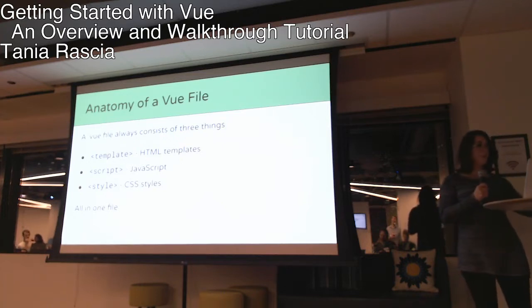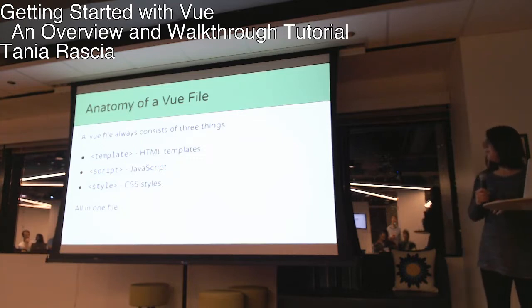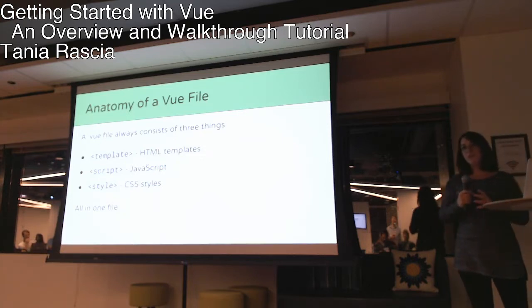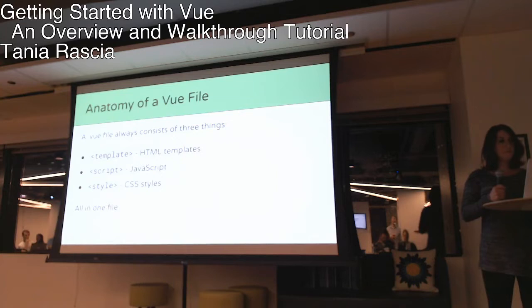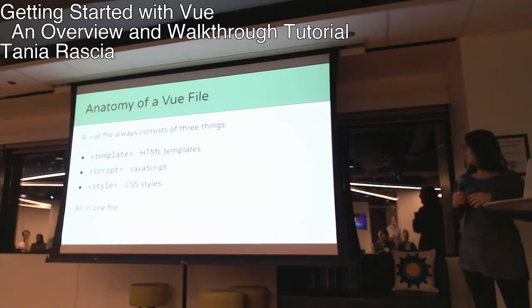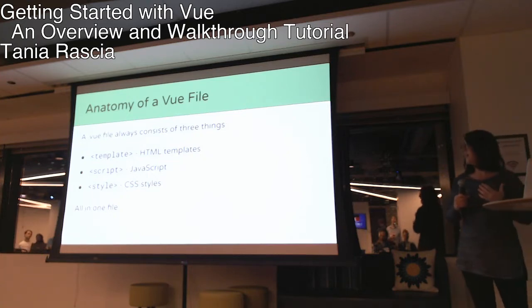All of your JavaScript should be in one file, all of your HTML should be in another file. But Vue kind of goes with a different approach, that anything that is related to the component should go together. So the way it looks, the way it's laid out, and the functionality. So the structure, the JavaScript, and the styles, all in one file.